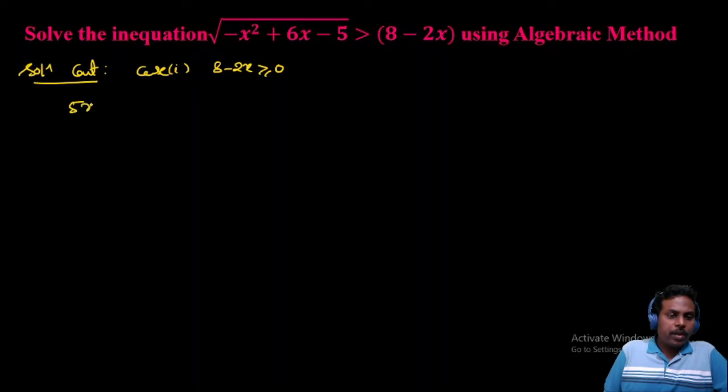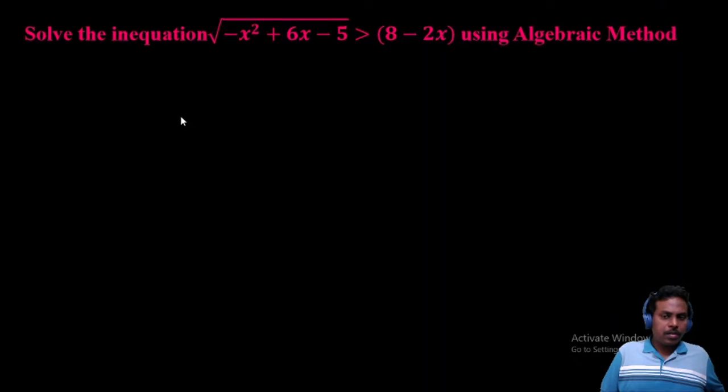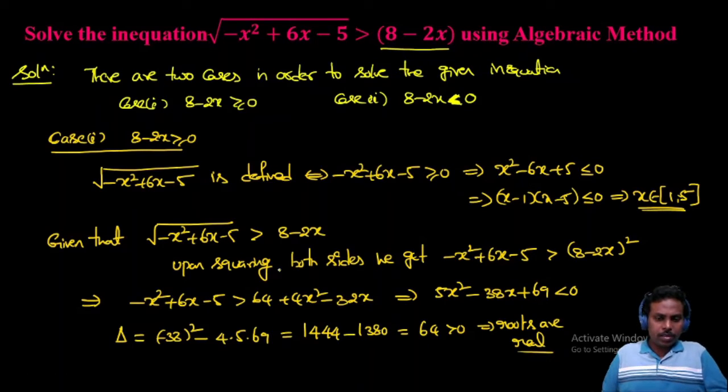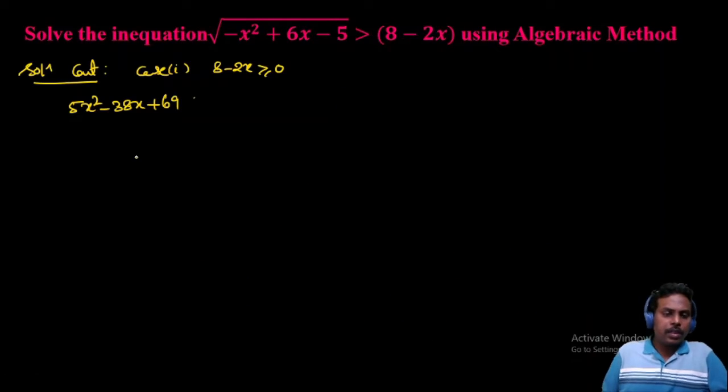We have got 5x square minus 38x plus 69 less than 0.